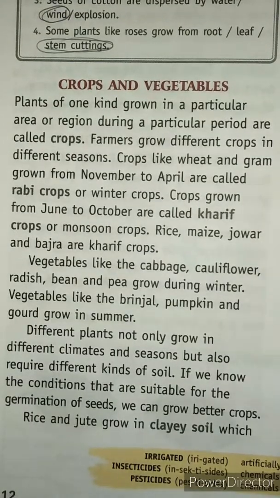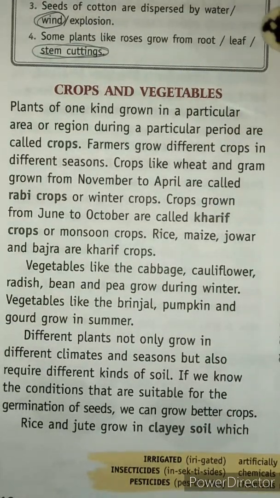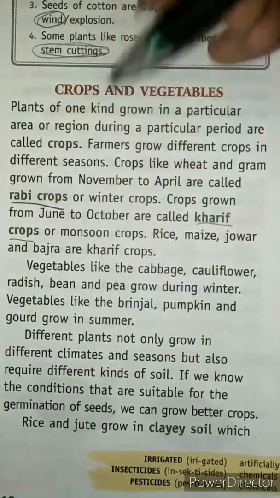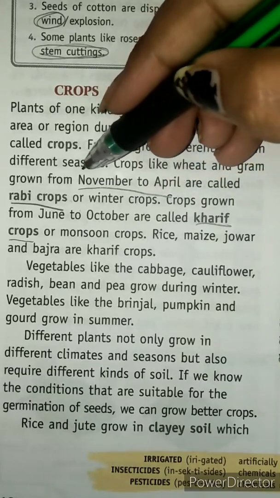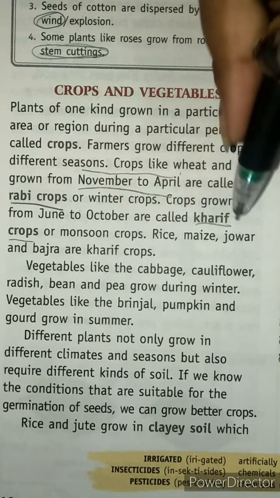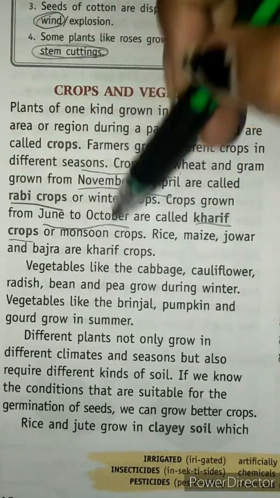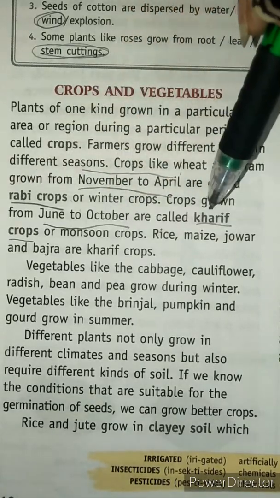Next one we have crops and vegetables. In India we have two kinds of crops, rabi crops and kharif crops. Rabi crops are sown in the month of November to April, and kharif crops from June to October. This is the most important thing that you need to remember about Rabi and Kharif.